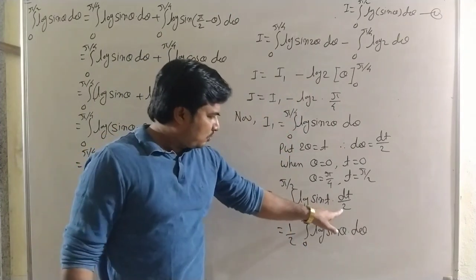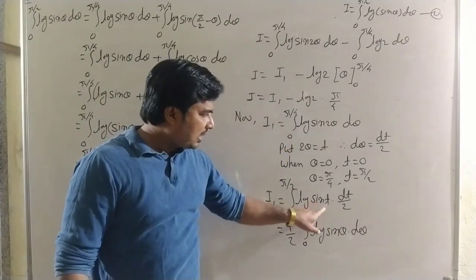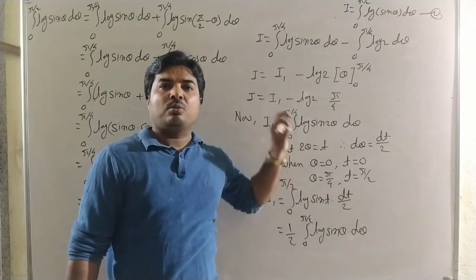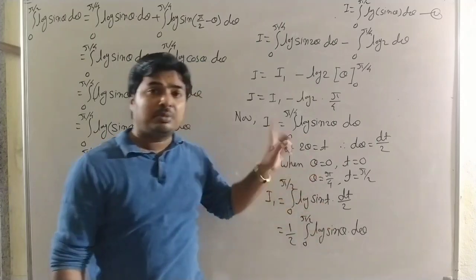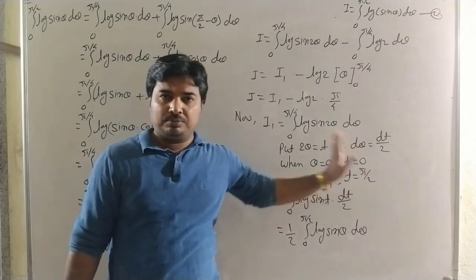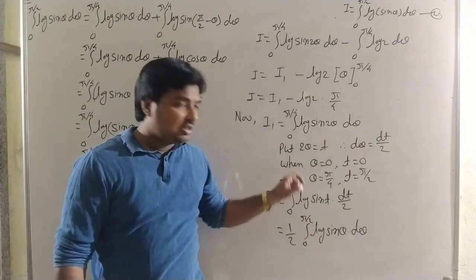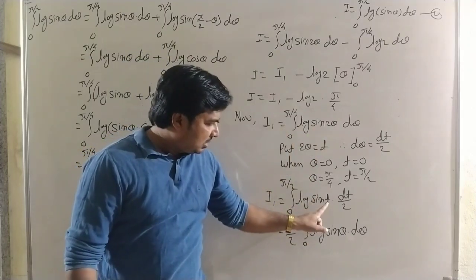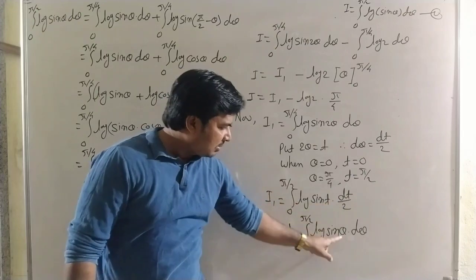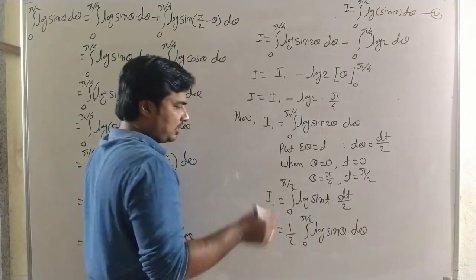Here we can write log of sine t dt by our property number 3. Change the variable; that means a definite integral is independent of the variable. This t is replaced by theta, by property number 3.